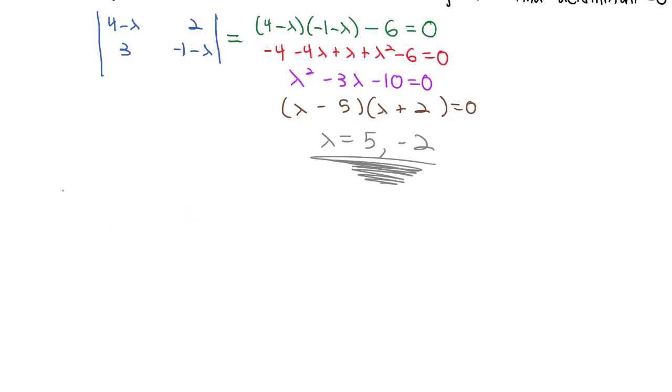So the second step when we're solving is we're going to find the eigenvectors.